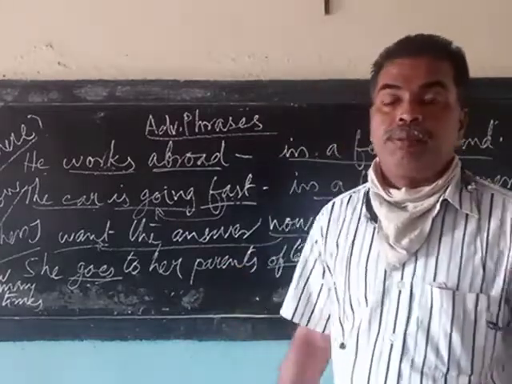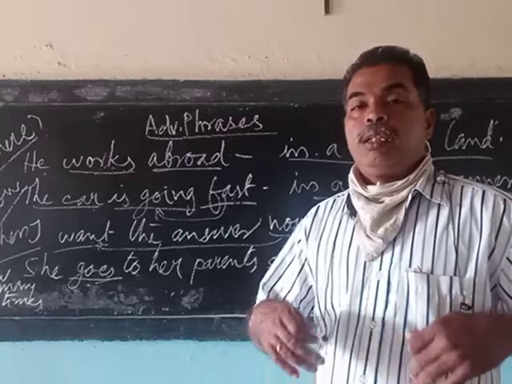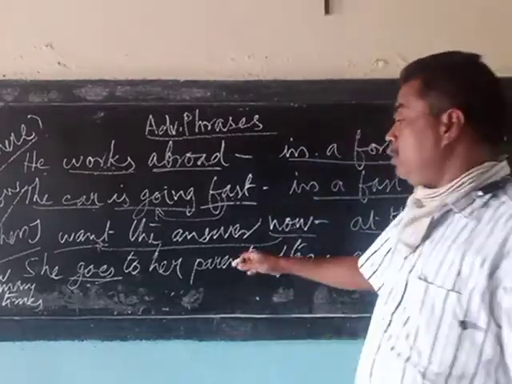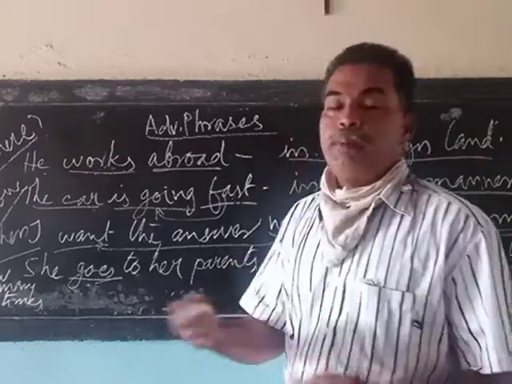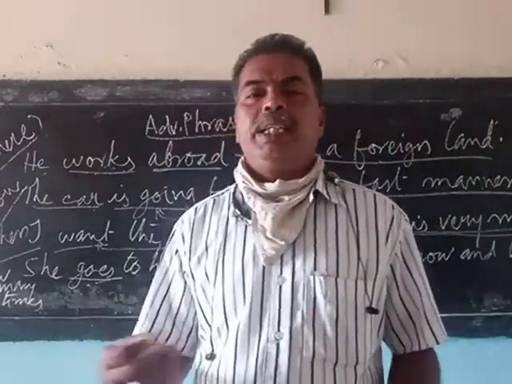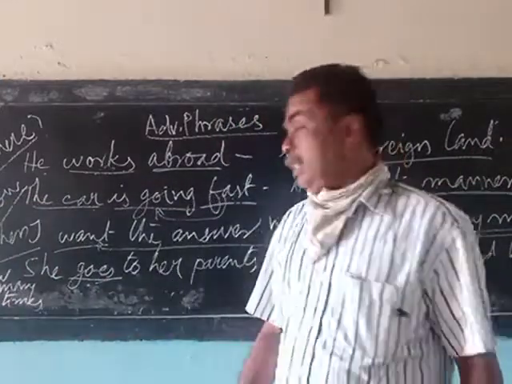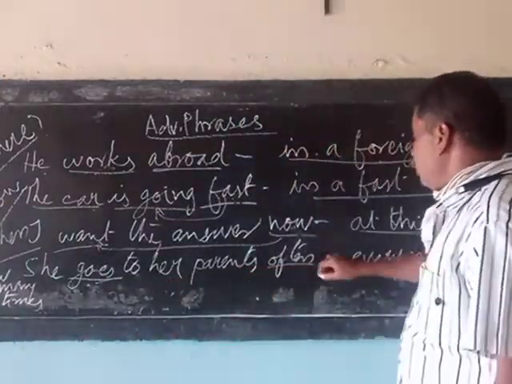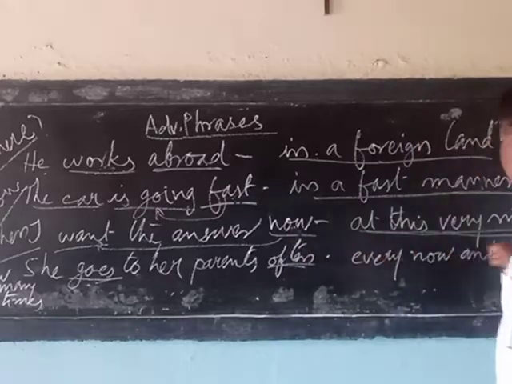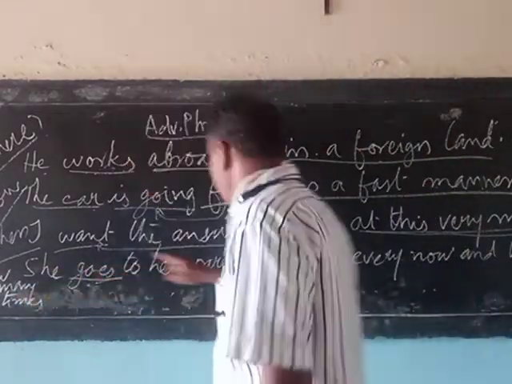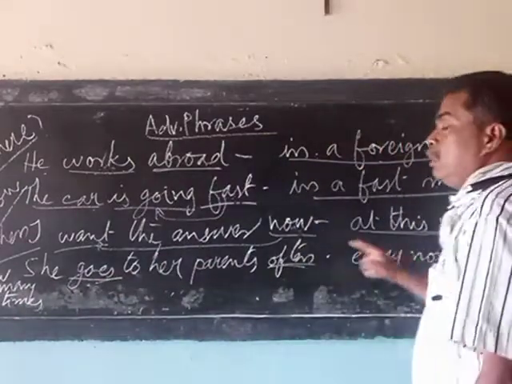How many times? What is the frequency? Regularly, how many times at a particular time, in a week, in a day, in a month, in a year. Frequency. So often, every now and then. This is an adverb of frequency and this is an adverb phrase of frequency.